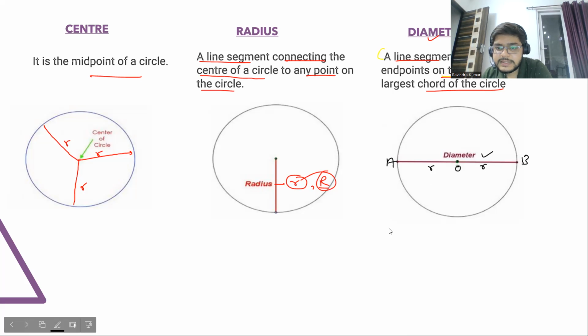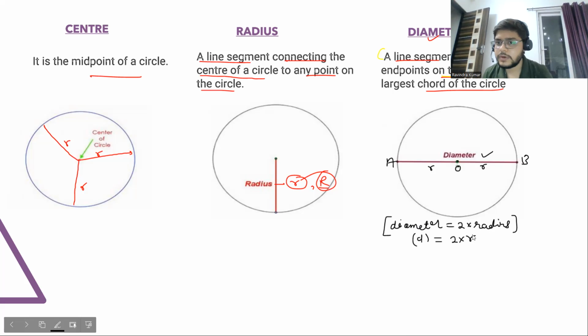So you can also say that diameter is equal to twice the radius. This is the formula you have to keep in mind. You can denote diameter by d and radius by r. So d is equal to 2r.